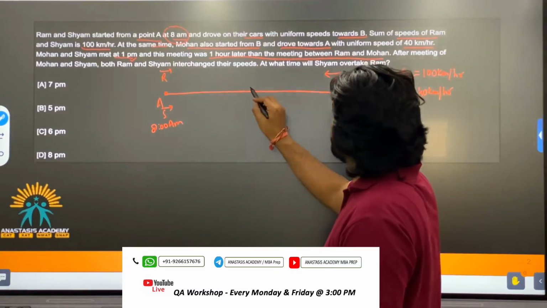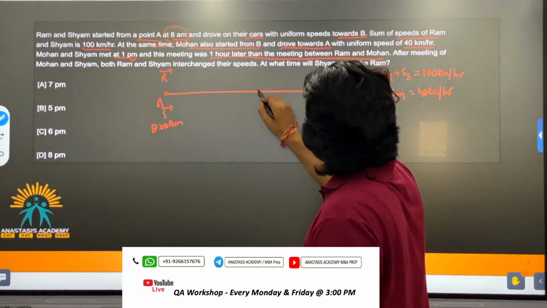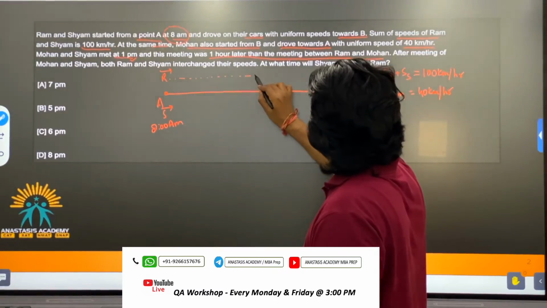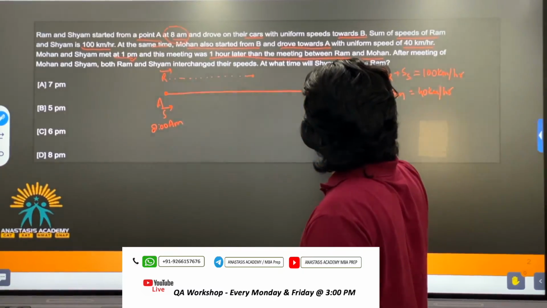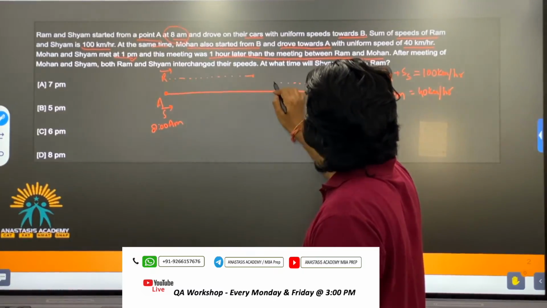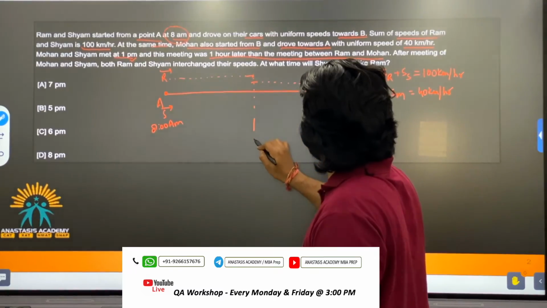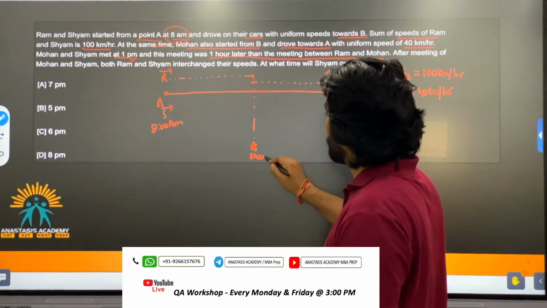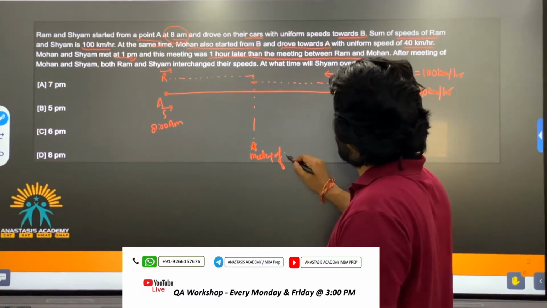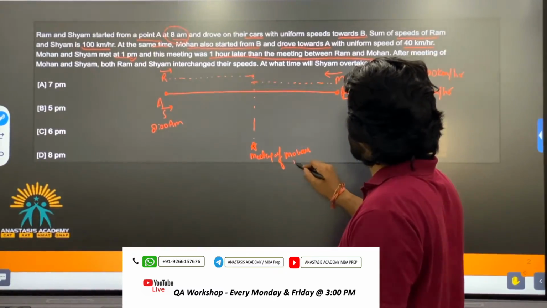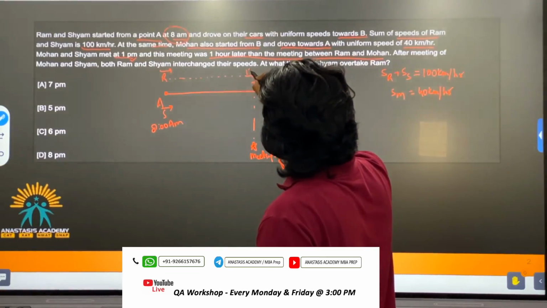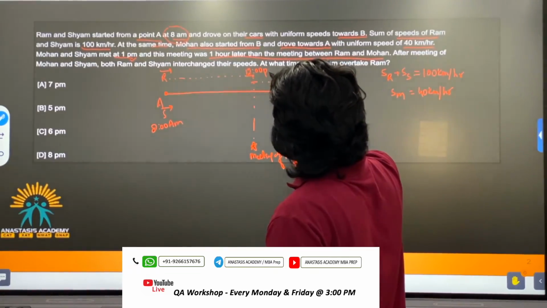So let's assume that at 12 pm Ram is there and Mohan is going towards this point. So this is the first meeting point. This is the meeting of Mohan and Ram, and it happens at 12 pm.